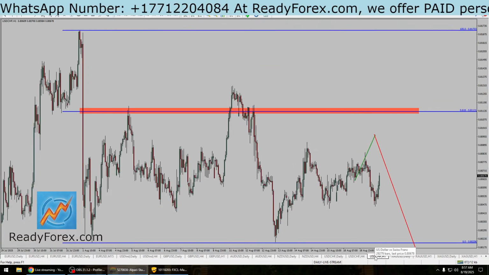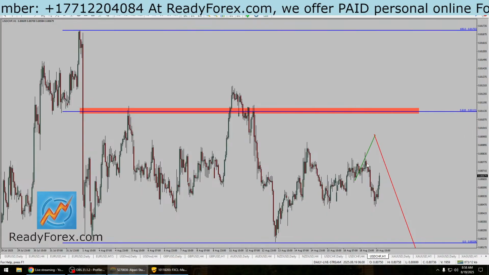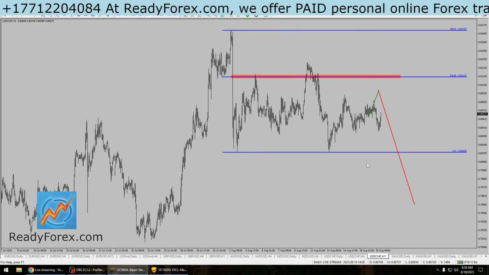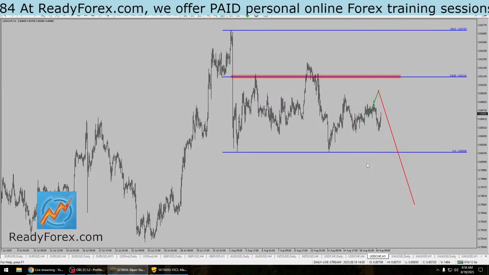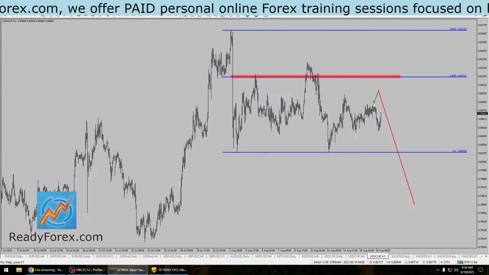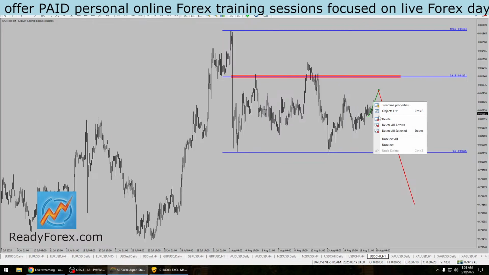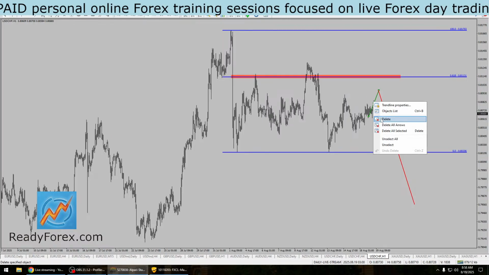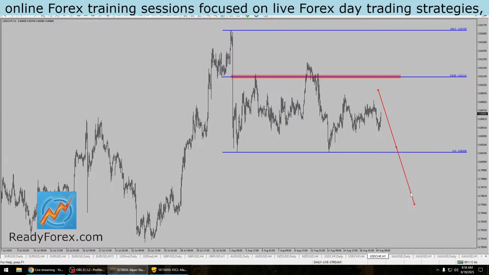Let's go to a 1-hour time frame. So US dollar Swiss franc still going sideways. Let me zoom out a little bit. Okay, it still looks bearish the way the market is behaving. Price action is probably going to remain bearish.